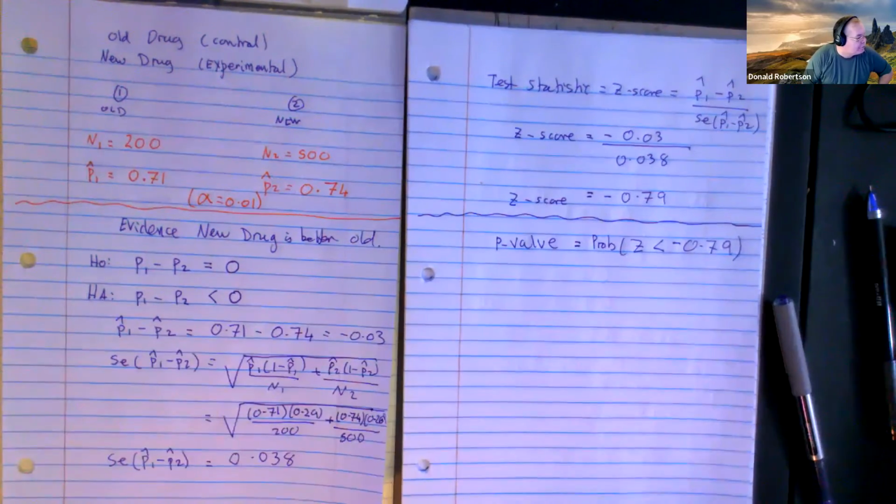And what I then do is I go over to salt, which I'm doing right now as we speak. And we'll do that calculation just to remind you how it works. Right. So you should be looking at distribution calculation. Normal distribution, 0 and 1. We are looking for a less than, and a less than negative 0.79.